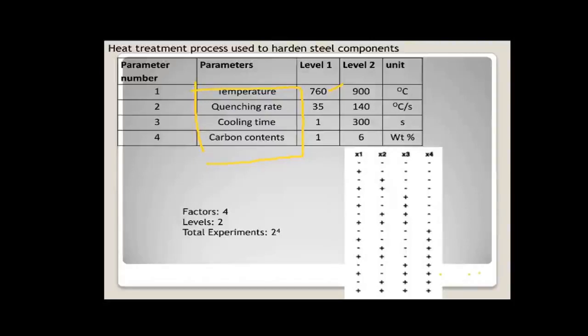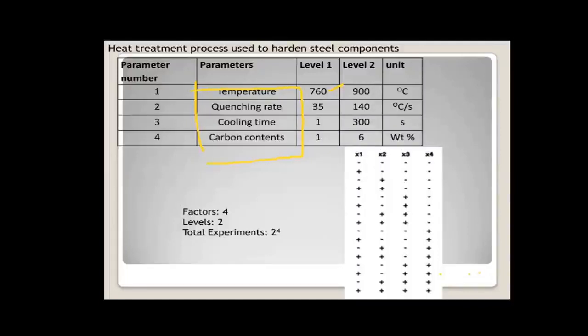Again, a very big question is how many levels we should have initially. Whenever you are going to perform design of experiments, what is your objective? Suppose you don't know anything about the particular process, you don't know anything about different levels, and you have the maximum number of input parameters.